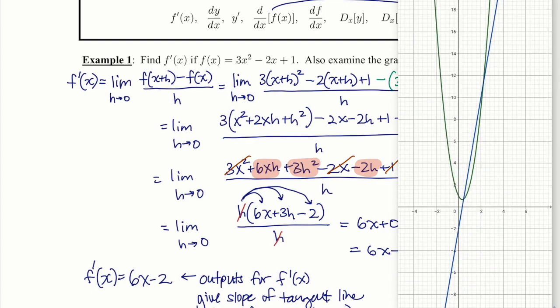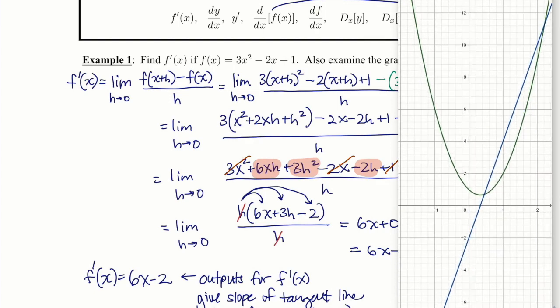And I can see that when the graph of f, which is the parabolic function here, is decreasing and would have negative slopes for the tangent lines, the y values on the graph of f prime, which is the linear function here, are negative. Where the graph of f hits its low point and would have a horizontal tangent line, so a tangent line with slope 0 at this vertex here, the y-coordinate on that blue graph is 0.